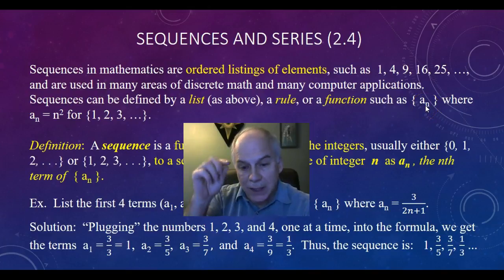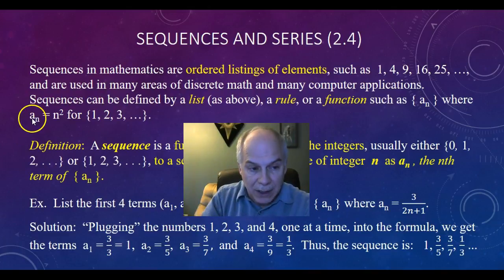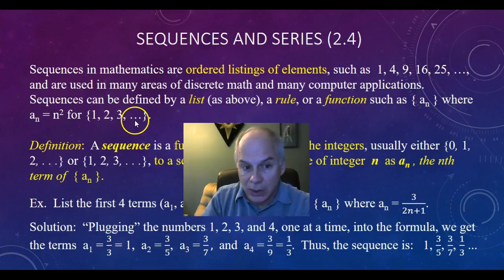Now, a sub n means the nth term. So, in other words, we're going to have a formula for the nth term, but we're saying that if you have a set made up of nth terms where the nth term is equal to n squared, for n equaling 1, 2, 3, etc.